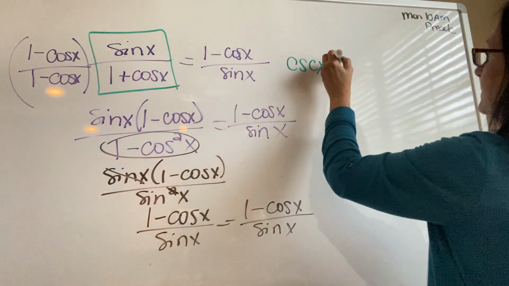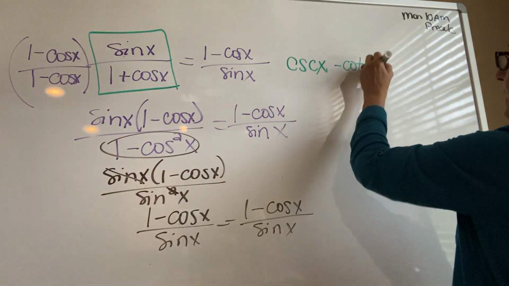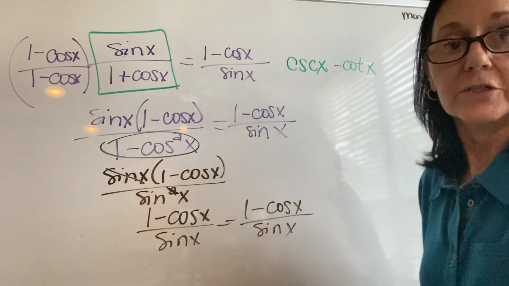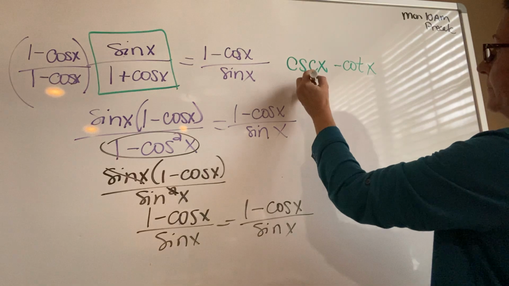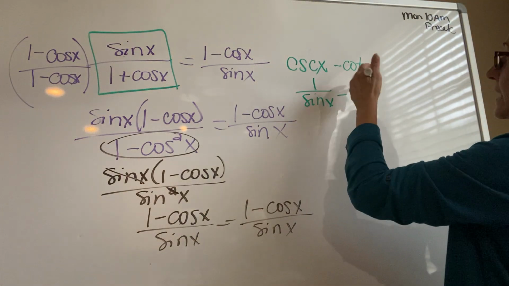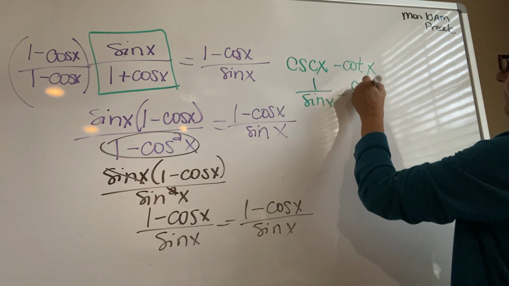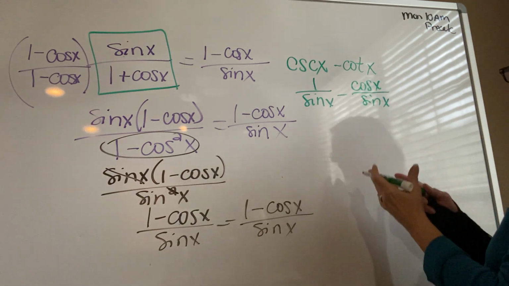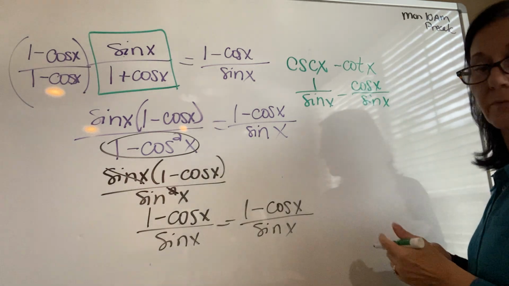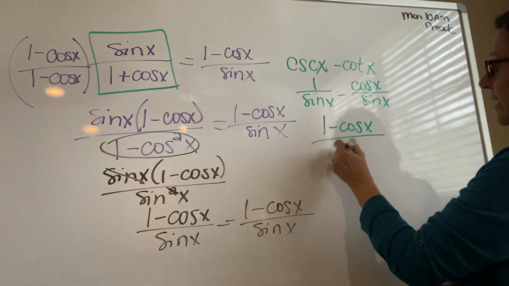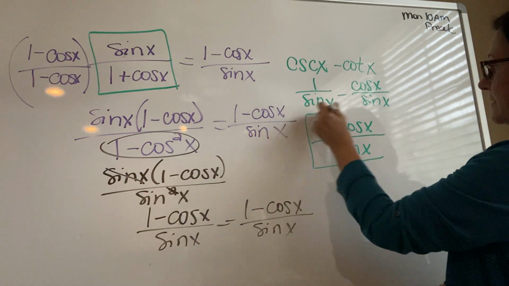Because that's what's in the other side, I want to go to sine cosine. This is 1 over the sine of x minus the cotangent, which is the cosine over sine of x. When I move that sine to the numerator, I end up with 1 minus the cosine x over the sine of x. See, I'm right here.